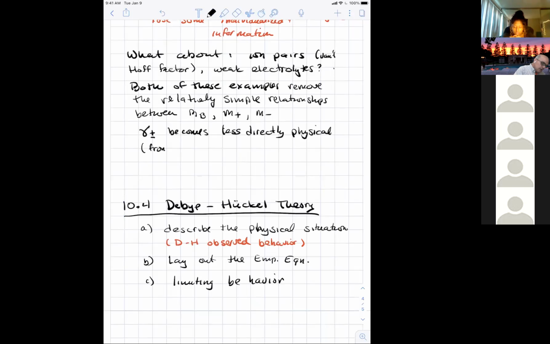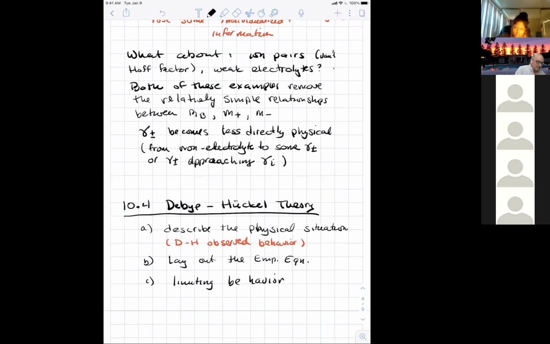So we can go from a non-electrolyte to some activity that involves the electrolyte, or the ionic activity coefficient approaching a non-ionic one, right?